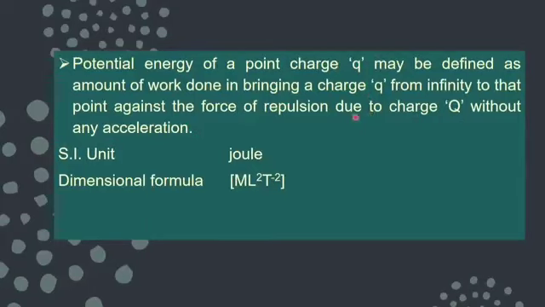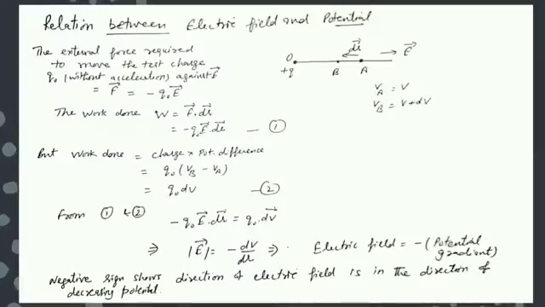The only difference between potential and potential energy is that in potential we bring the unit charge, in potential energy we bring the given charge. Of course, you are aware of its unit, joule, and the dimensional formula also, mL2 T minus 2, and of course it is a scalar quantity because potential energy is a scalar quantity and potential is also a scalar quantity because both are interdependent.